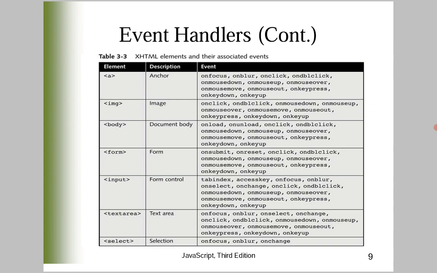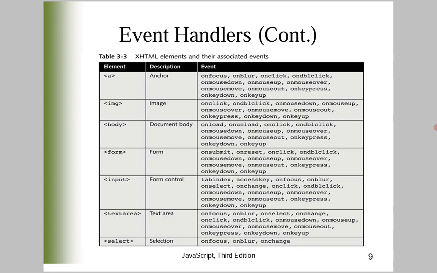Next, the form element. Form elements are generally used to describe various form elements. Onsubmit, onreset, onclick, ondblclick. Onclick means single click. These are generally used with forms and form controls.